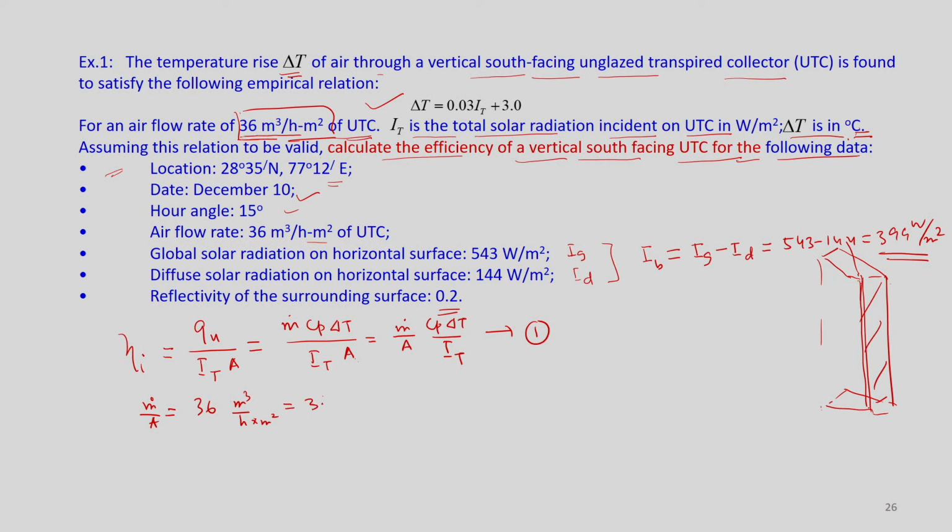So, it will be 36 multiplied by density of air, cubic meter per hour per meter square into kg per cubic meter. So, this will go off, and then what is the density of air, 1.2, right, 1.2 kg per cubic meter. So, once we multiply this 36 into 1.2, it will be 43.2 kg per hour per meter square. Okay. So, this m dot by A is in kg.